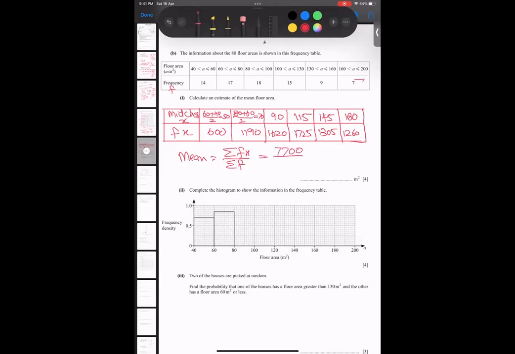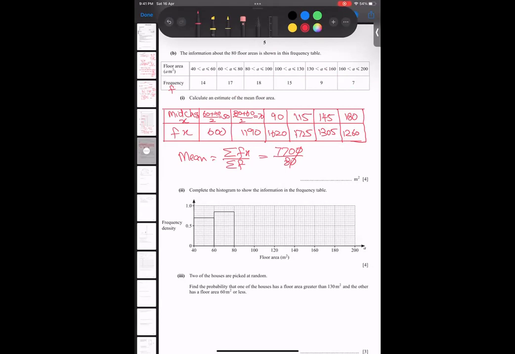And if you add the frequencies, it will automatically become 80. So let's see the answer, 7700 divided by 80, and we got 96.25. Let me recheck again.